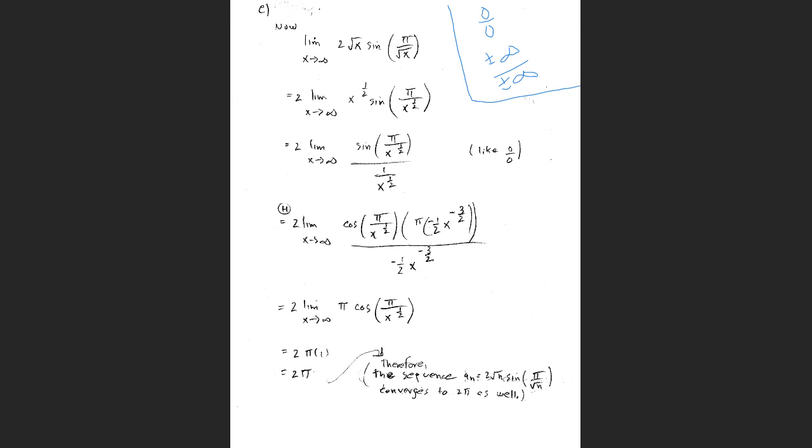Well, for L'Hopital's rule, 0 over 0 or plus or minus infinity over plus or minus infinity are the indeterminate forms that we're going to use. So what I have to do is rewrite my function this way.